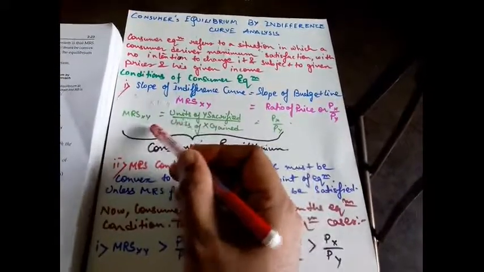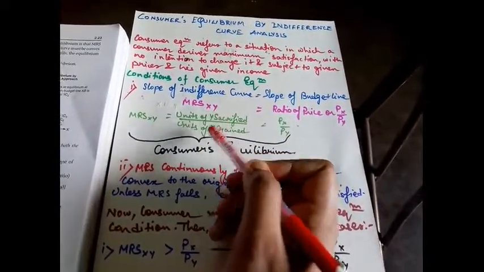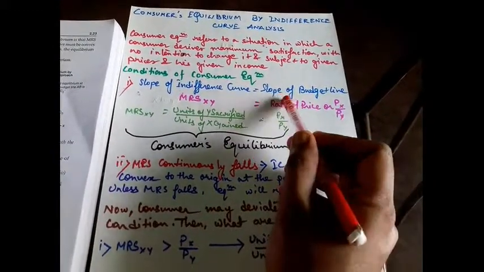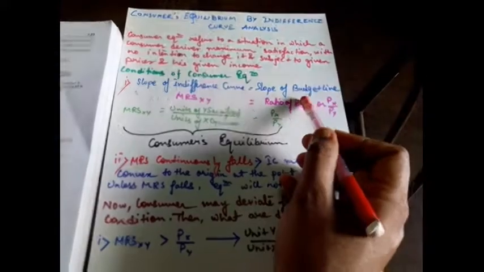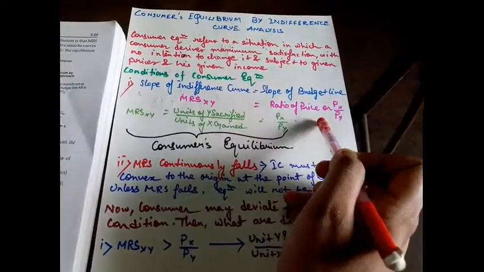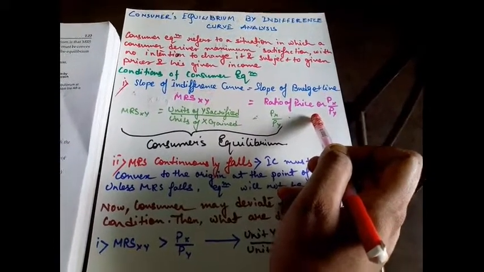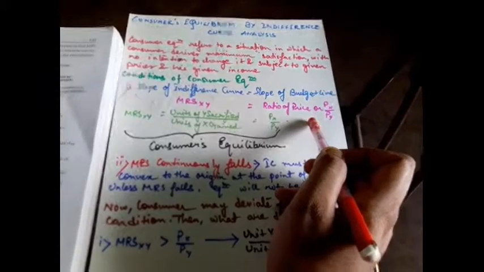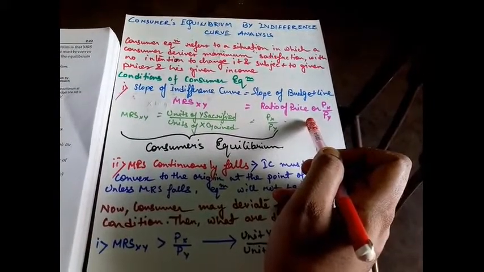So this is the formula: MRS xy, units of y sacrificed per unit of x gained. The slope of the budget line is derived from the price ratio Px by Py, which I told you yesterday, is also known as the market rate of exchange, MRE.